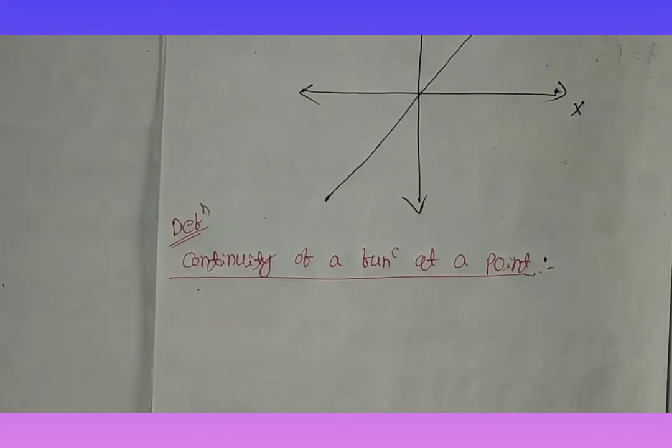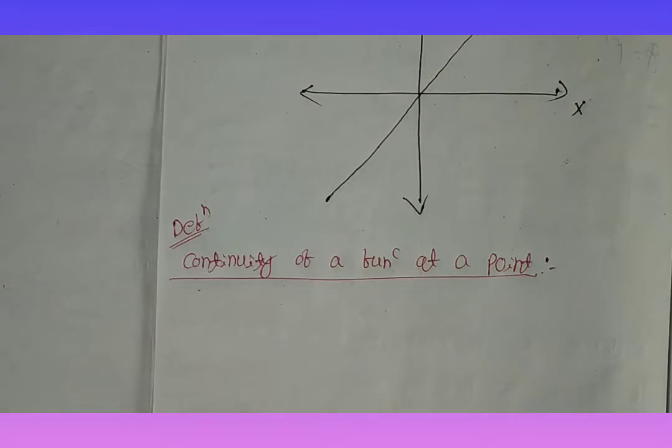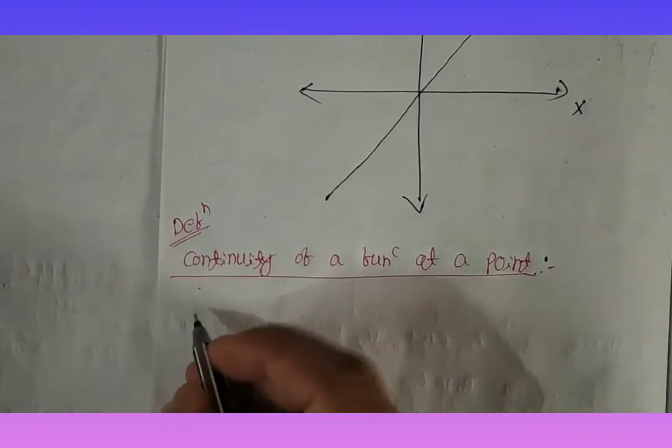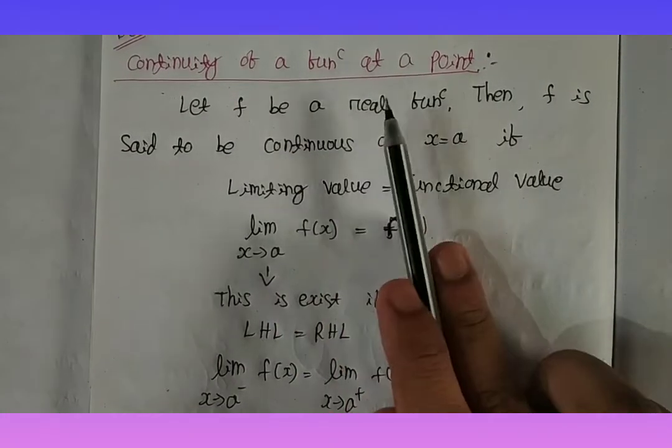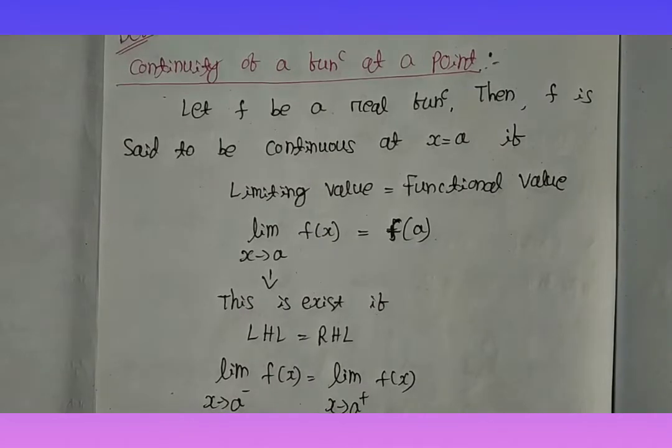Next, second definition: continuity of a function at a point. How to check whether a function is continuous at a particular point, x equal to a or b? First, let f be a real valued function.